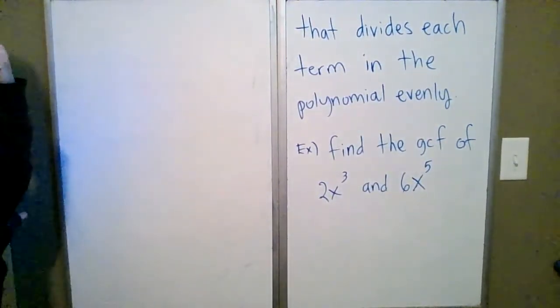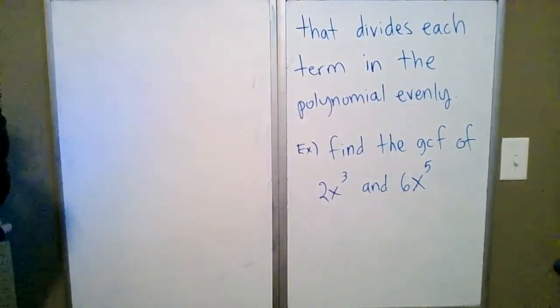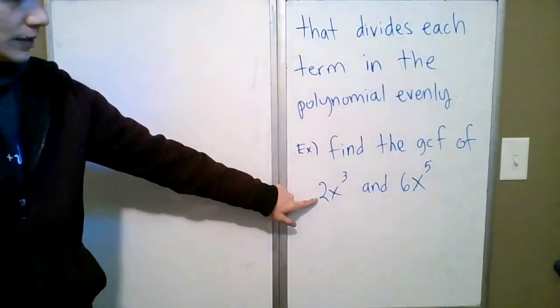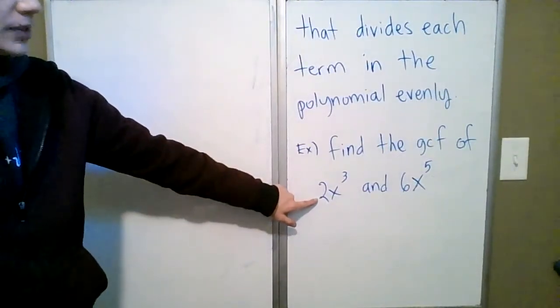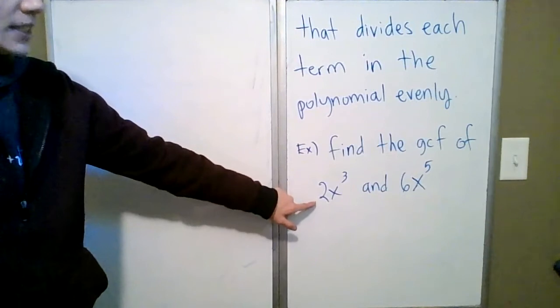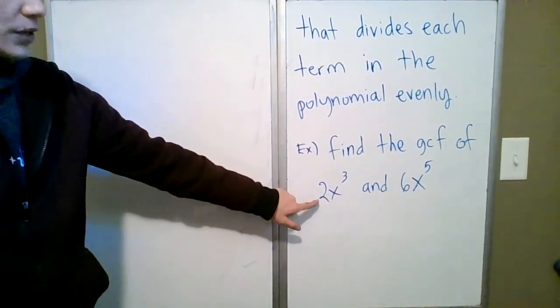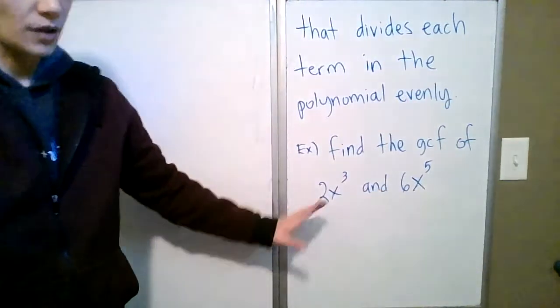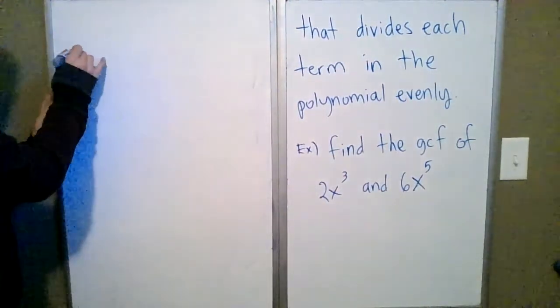The number value of the GCF needs to have factors that are common to both terms, or to all terms.